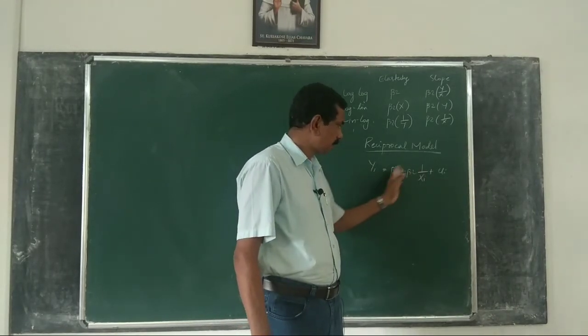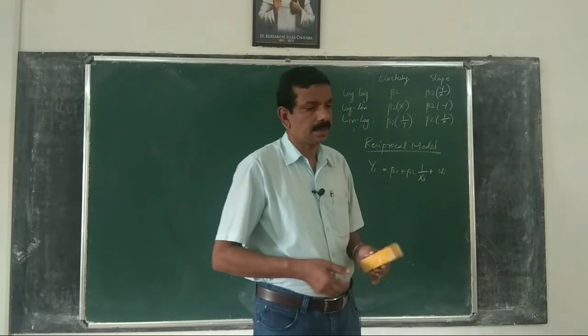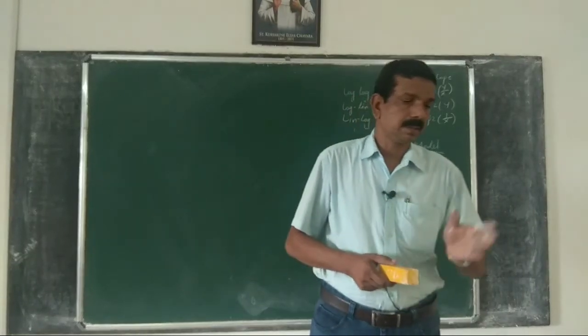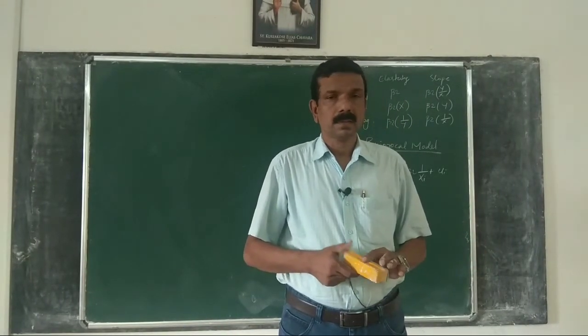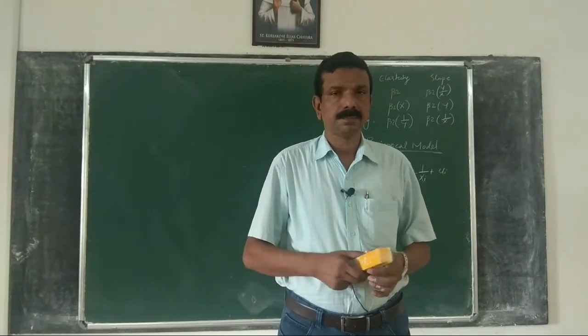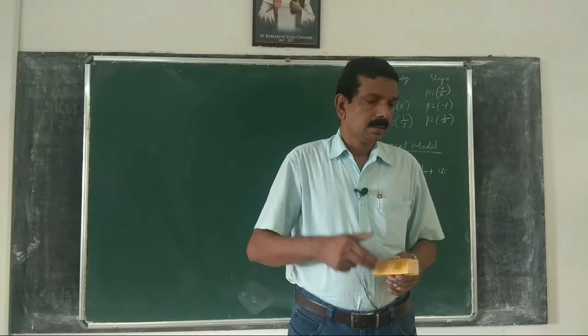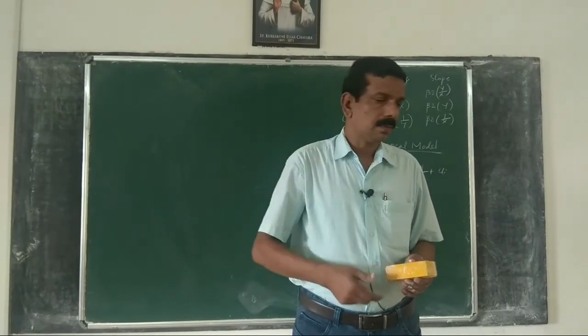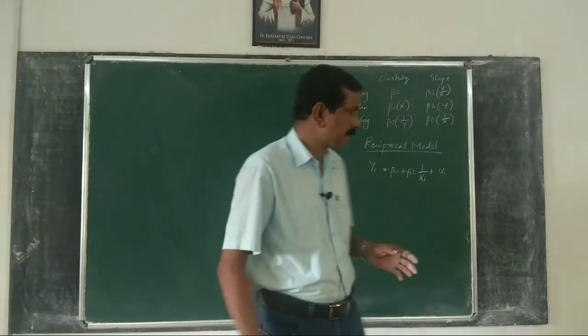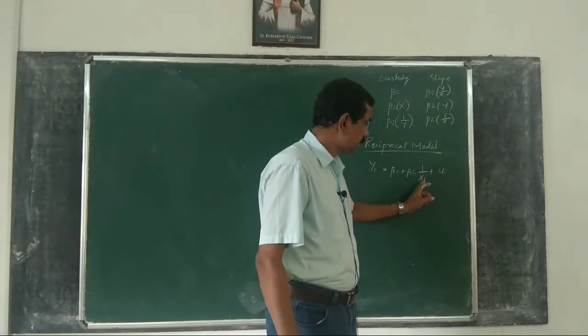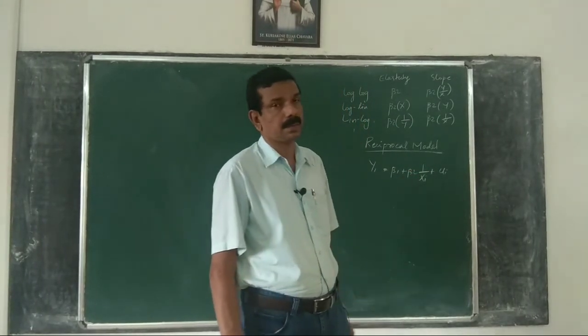You regress y on 1 by x, you will get estimates of beta 1 and beta 2. As beta 1 and beta 2 appear linearly, you can estimate this model using OLS. The only thing is x appears in this model reciprocally.